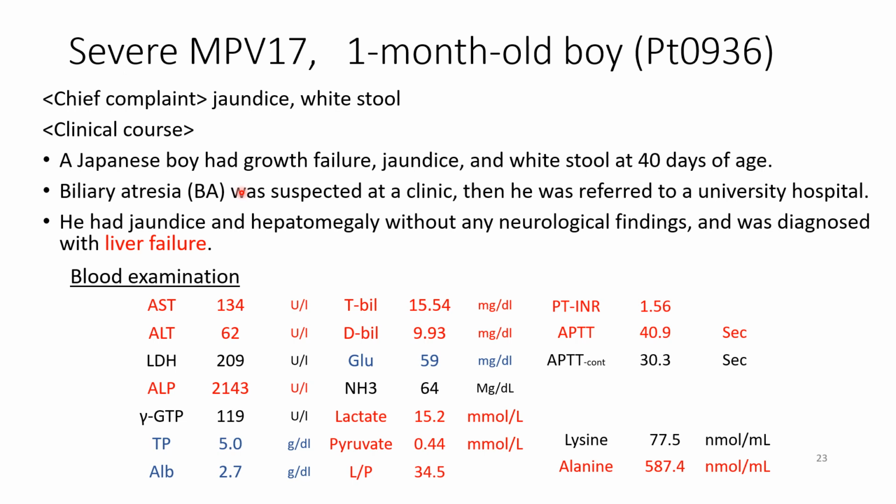Then he was referred to a university hospital. He had jaundice and hepatomegaly without any neurological findings. Blood tests revealed elevated liver enzymes, bilirubin, and lactate. He was diagnosed with liver failure.